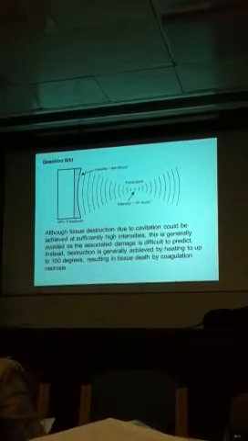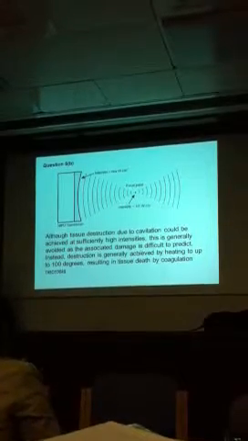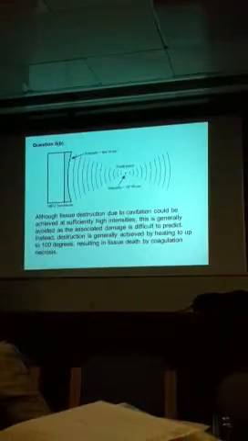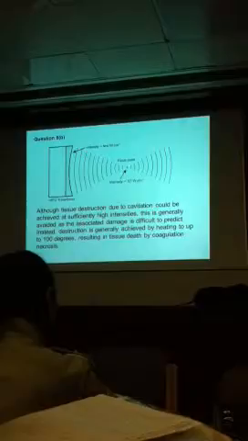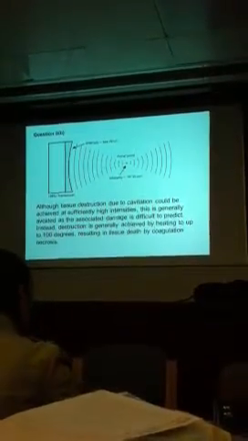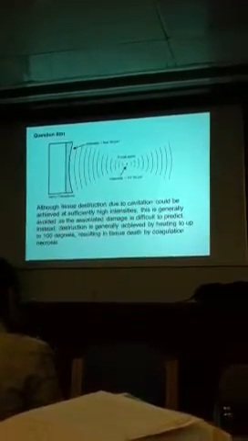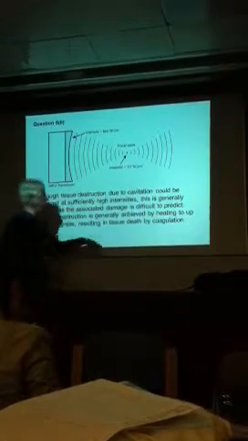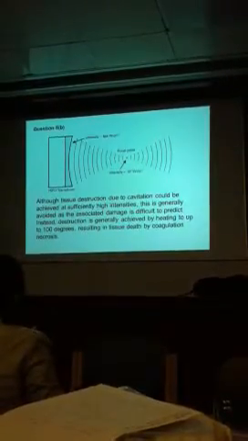In most HIFU applications, they try to avoid cavitation because cavitation is rather unpredictable. It can produce damage which is difficult to predict. Therefore, the damage is generally principally thermal. So you generate such high temperatures at the focal point that the tissue is destroyed through thermal heating, more formally by a process known as coagulation necrosis. Necrosis just means tissue damage.